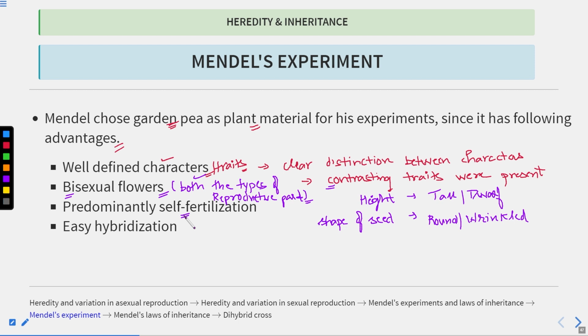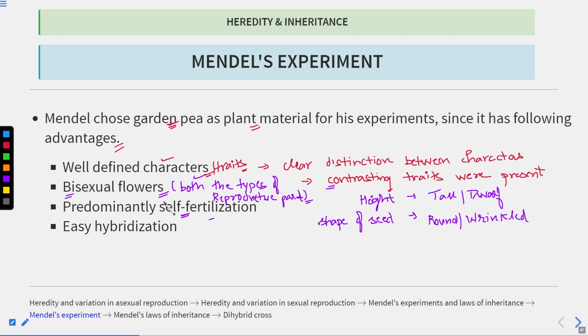That's why they are predominantly self-fertilizing. Self-fertilization means the pollen from the anther of the flower can land on the stigma of the same flower. Or you can say it is the transfer of the pollen from the anther to the stigma of the same flower. This is known as self-fertilization.